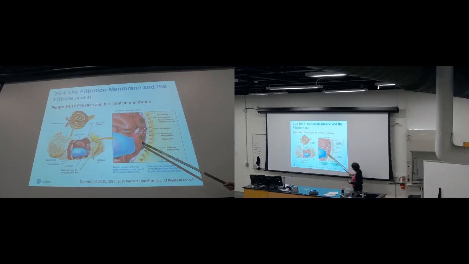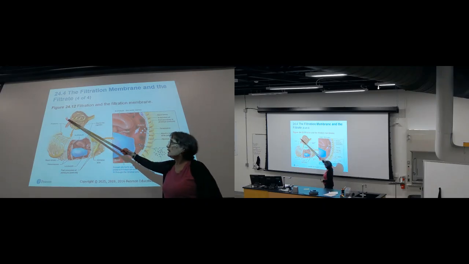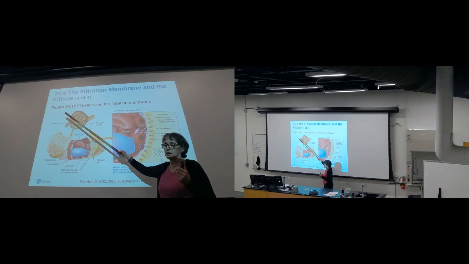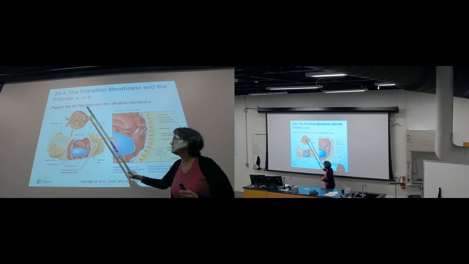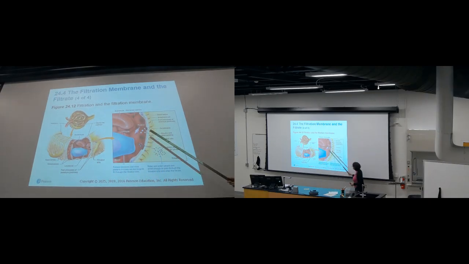So through these fenestrations and high pressure, because the efferent arteriole is narrower than the afferent, you have a buildup of pressure that leads to force of fluids, and also these molecules, through these fenestrations. And then you have these filtration slits between these pedicels.